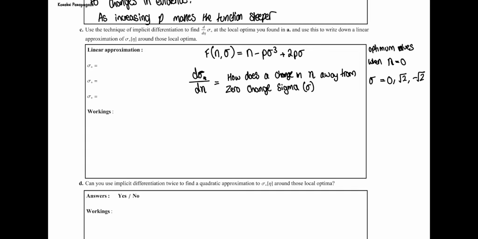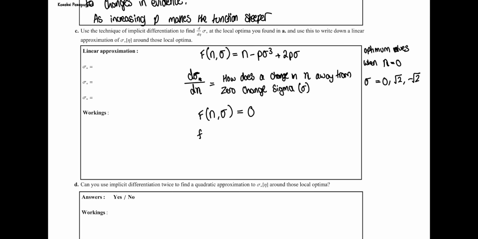So what we're first going to do is equate this function to 0, because that's how we find optimums. And as we are focused on eta, we're going to express sigma as a function of eta. So we get f of eta, comma, sigma as a function of eta, as we are focused on changes in eta.